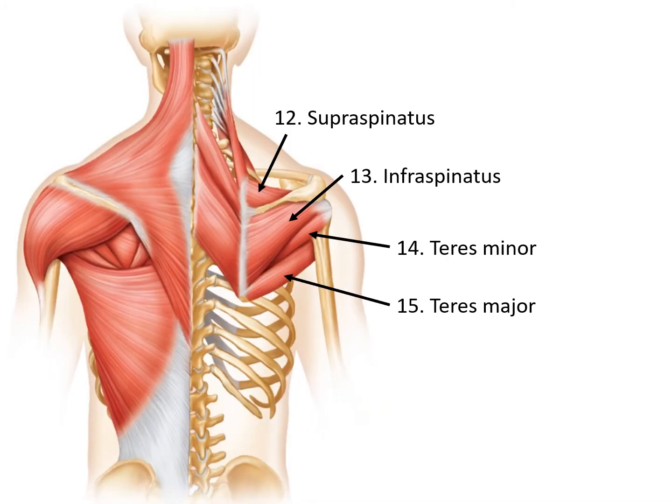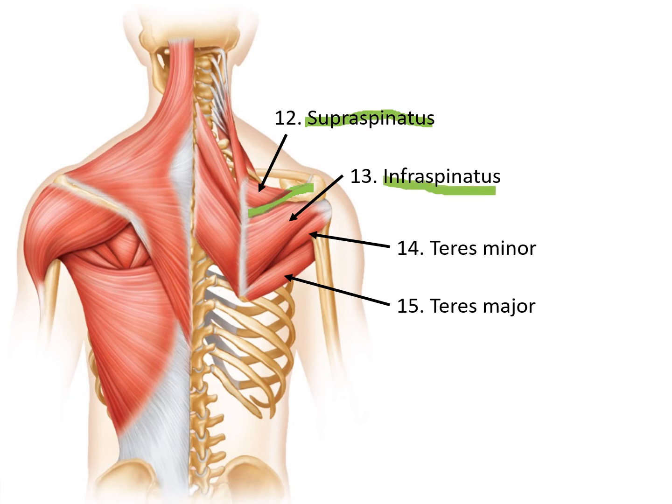Continuing to the back again, we have muscles on the scapula that are not visible when the trapezius is in place, or they are a little bit down in here, but you see a lot more of them with it removed. Going from top to bottom, they are supraspinatus, meaning above the spine. There's the spine.